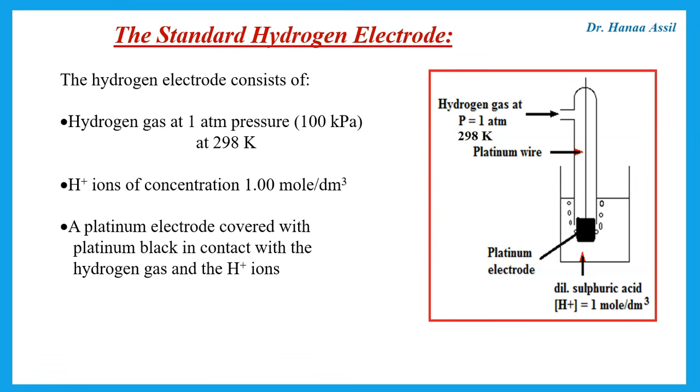The standard hydrogen electrode is basically a half cell containing hydrogen gas coming in at a pressure of 1 atmosphere and 298 Kelvin, a platinum wire, and a platinum electrode that is covered with finely divided platinum, and this is dipped into dilute acid at a concentration of 1 mole per decimeter cubed.